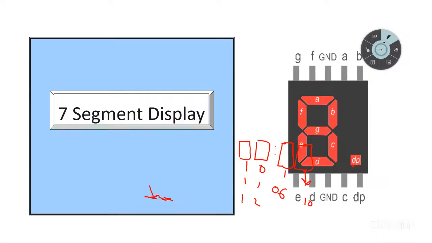Next, so A, B, C, D, E, F, G. Now, I want to display the... tell me what are the segments we need to know? What are the points? A, B, C.